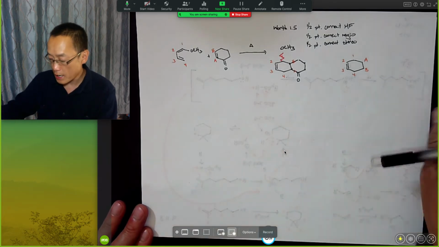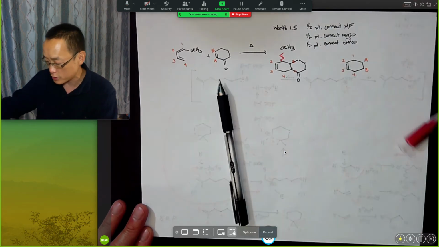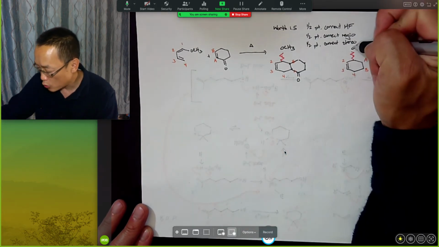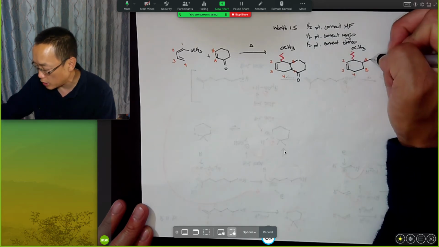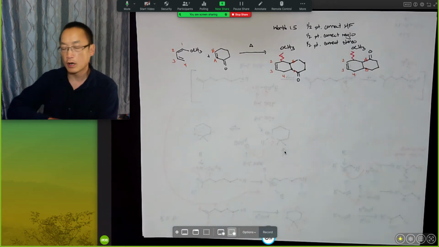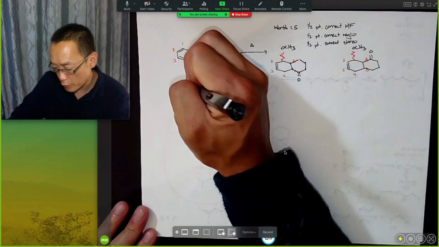And so I have either this OCH3 configured upwards, and we've got to figure out if that's going to be on a wedge or a dash, OCH3. And then the other possibility would be the formation of that regioisomer instead. How do we determine regiochemistry?